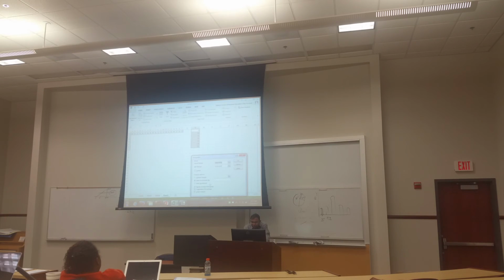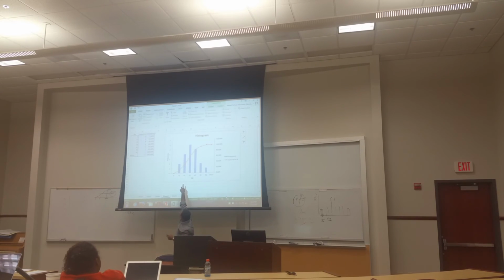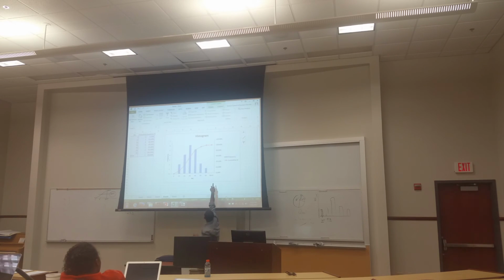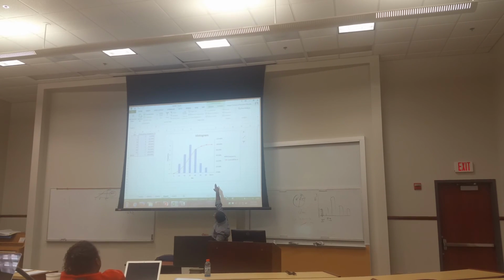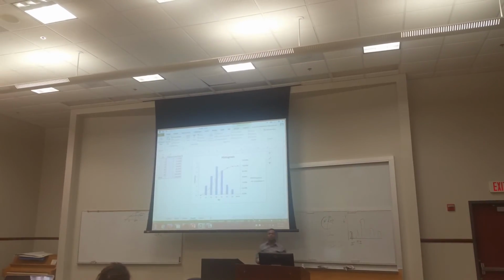Histogram, no Pareto, please do this. This is how you should do it. If you're doing an ogive, this is what you should have. Between 0 to 5, there is nothing. 0 to 10. From 10 to 20, that's the 15 point. The total percentage is about, I think, 10% of the total number of days.